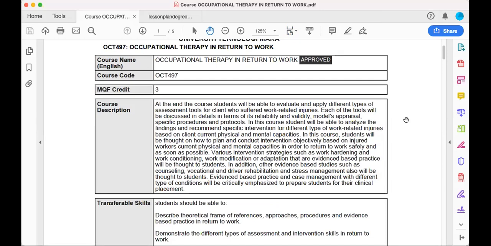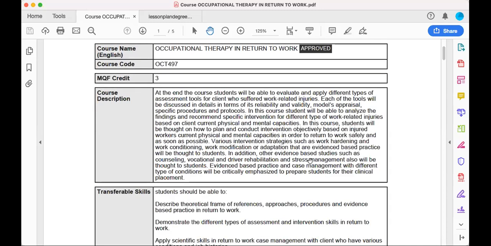Then we're going to have an appraisal on the model, procedures, and also the protocols. In this course, students will be able to analyze the findings and recommend specific interventions for different types of work-related injuries based on client's current physical and mental capacities.